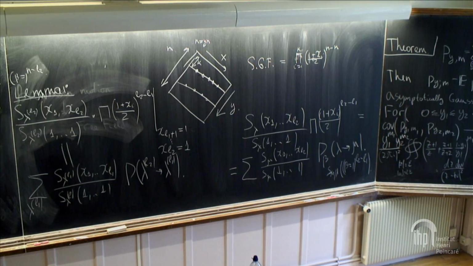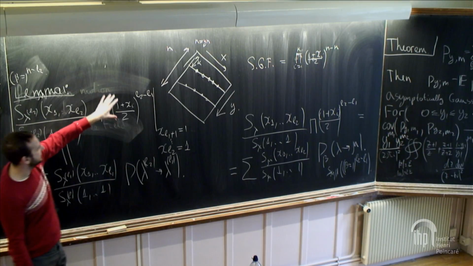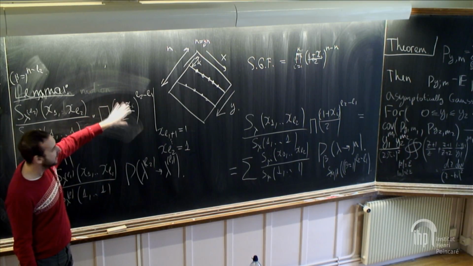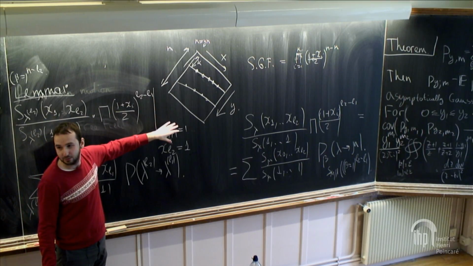So you have just some probability distribution here, and the transition from the probability distribution here to the probability distribution here with respect to transition probabilities for a Markov chain can be written in a very short way in the language of these Schur generating functions. Namely, you take some probability distribution here, you take a Schur generating function, now you multiply the Schur generating function by this term, and you plug in some of the variables equal to 1.